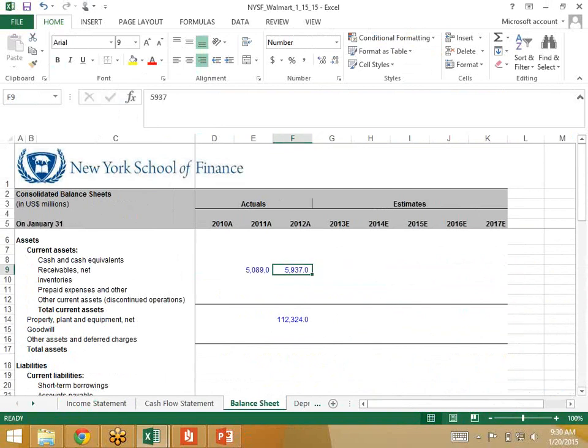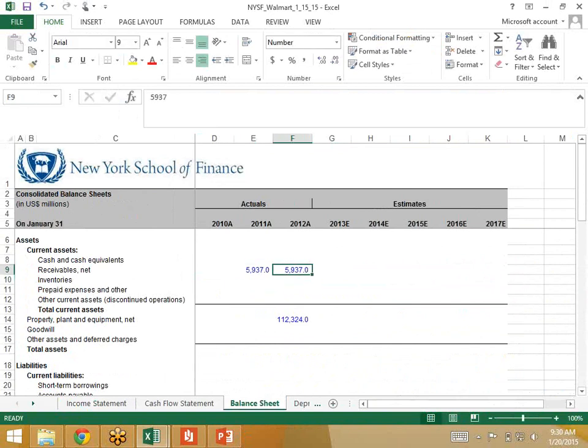In addition, maybe a better way to put this, if you calculate the formula just off of 2012, 5937 divided by the 446 billion times 360, who knows what the beginning of the year looked like? 2011 could have been 0. If 2011 was 0, that meant that they generated $6 billion over 2012. 2011 could have been 5937.